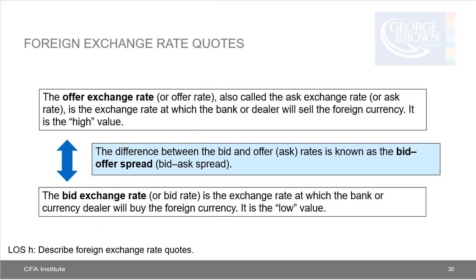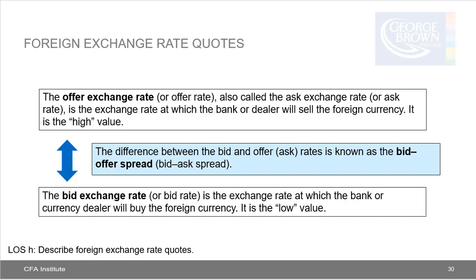Learning outcome statement H is describe foreign exchange rate quotes. When we're looking at buying and selling foreign exchange, it's not a lot different than buying and selling stocks. There's going to be a bid exchange rate, or the bid rate, and that's the exchange rate at which the bank or the currency dealer will buy the foreign currency, and it's the low value.